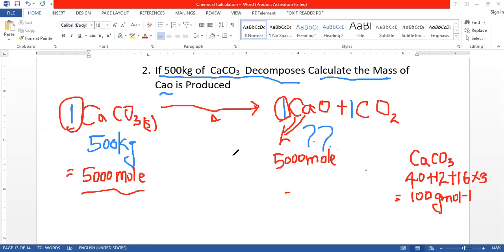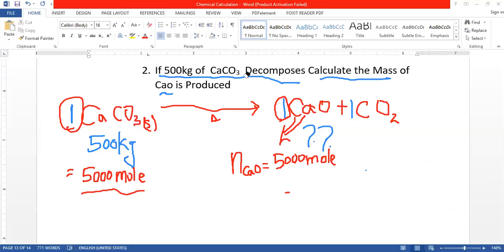I know n of calcium oxide, which means the mole of calcium oxide. Now I want to find the mass of calcium oxide.